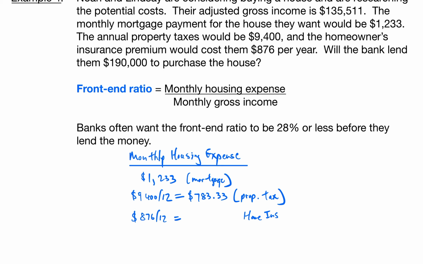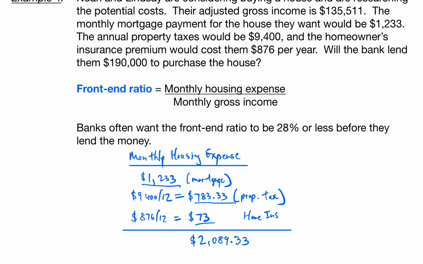And so that's going to work out to $73. Okay, so if we were to add all of these up, so we're going to add this amount and this amount together, we would get a total of $2,089.33.